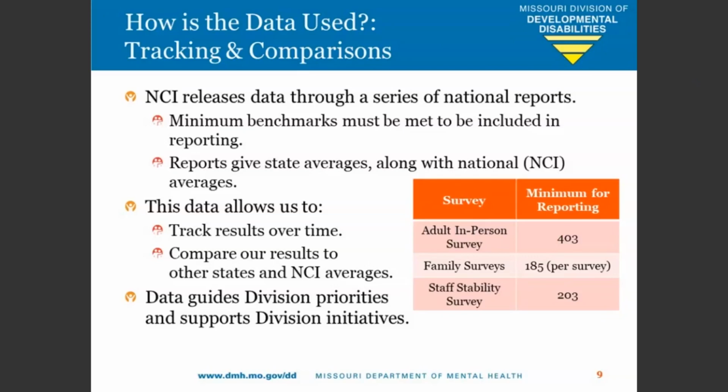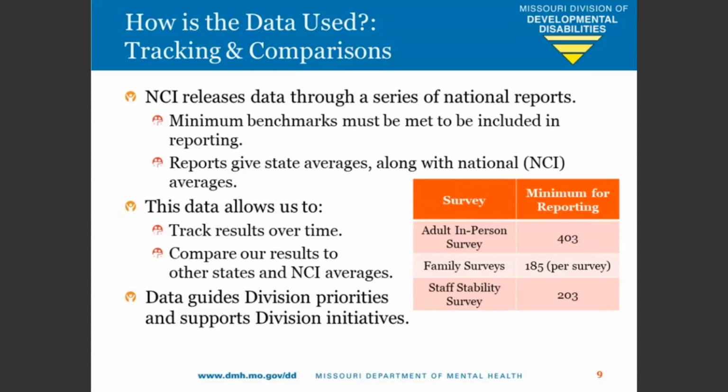For the family surveys, the adult family and the child family, we must have at least 185 of each survey. Of course, we always want to exceed that, because the more completed surveys we have, the more reliable and usable our data is.